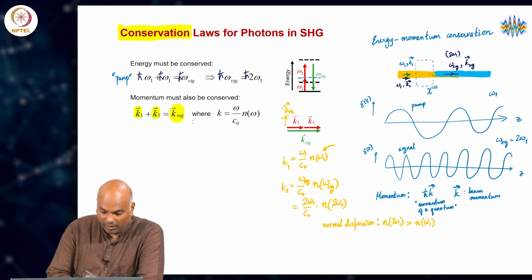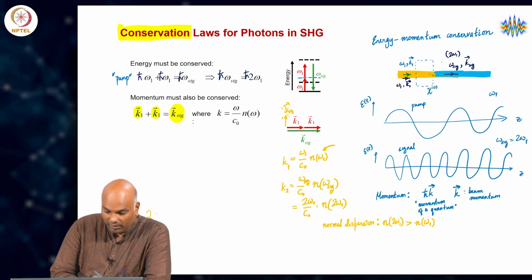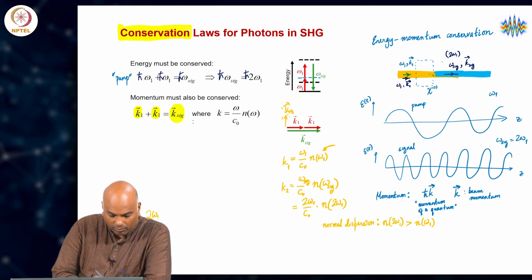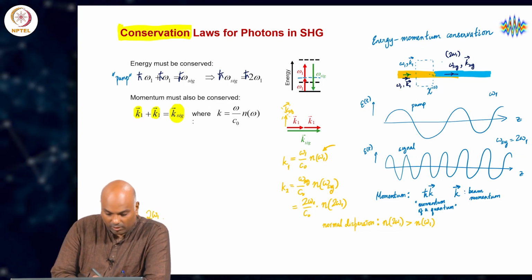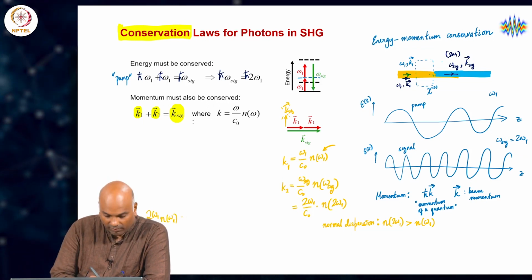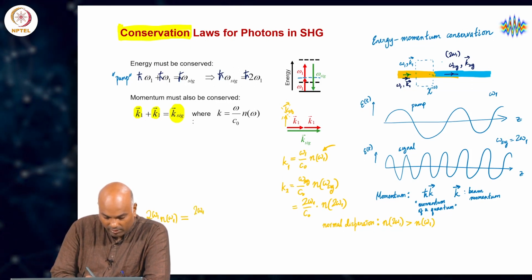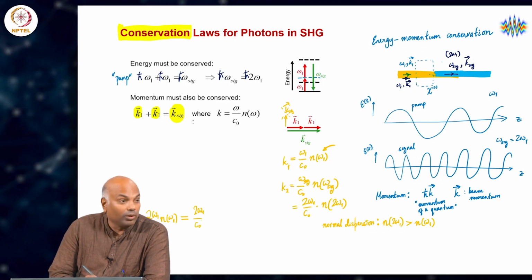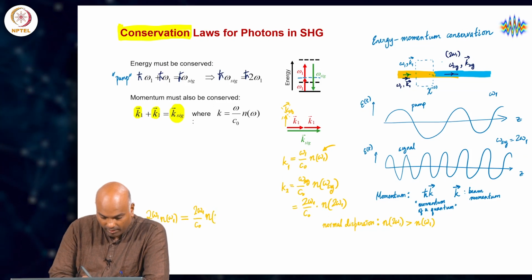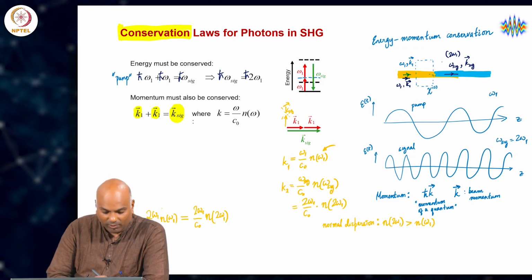For this sort of a scenario, the conservation of momentum means k1 plus k1, that is twice omega 1 by c naught n at omega 1, that is k1 plus k1, equal to twice omega 1 by c naught n at twice omega 1.